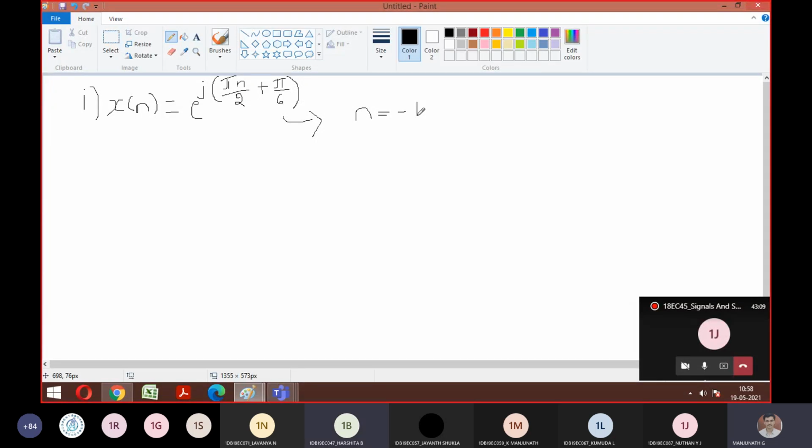So 0.35. It means it is not equal to 0. Agree? So if you take minus 2, minus 3, minus 4, you'll get all the values. Yes or no? Check out for n is equal to minus 3, minus 4. So you are getting values for positive also, negative also.